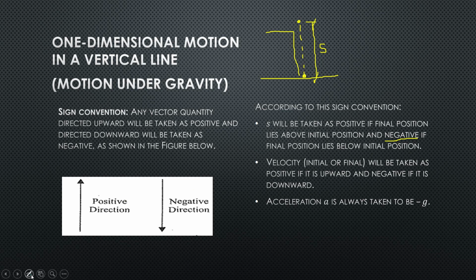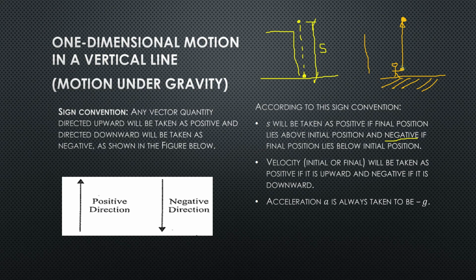If the ball is thrown vertically upward, let's say you are on the ground level, and a person throws the ball vertically upward. This is its maximum height, the final position.